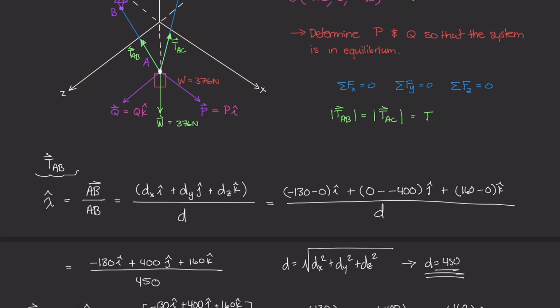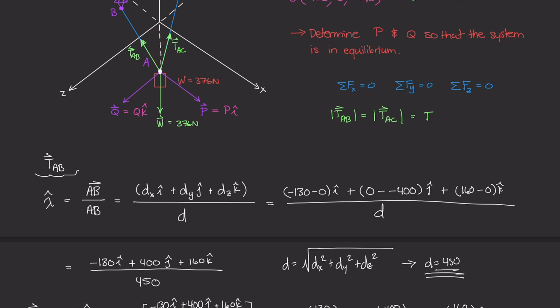Now, you could start with either the x direction, the y direction, or the z direction first, but looking at this diagram, we can see that p is the only unknown in the x direction, q is the only unknown in the z direction, but for the y direction, there's actually two components, the component for TAB in the y direction and the component for TAC in the y direction, both directly pointing up.